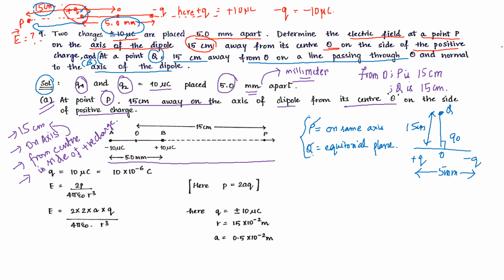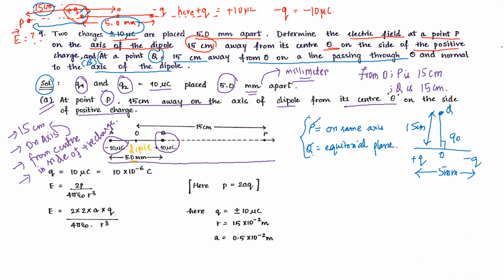If we are not able to represent our question in a diagrammatic way, we will not be able to get an idea of what is happening and how we need to find the electric field. So see, this is minus 10, this is plus 10, and this whole system is making a dipole, and they are 5 mm apart.